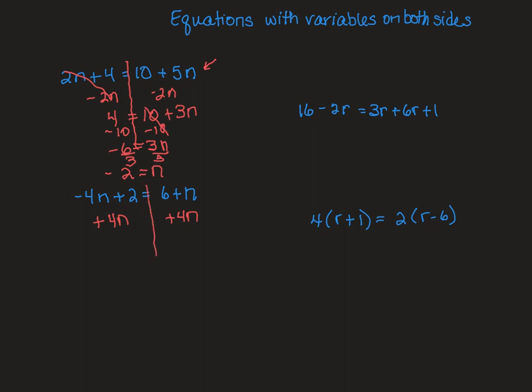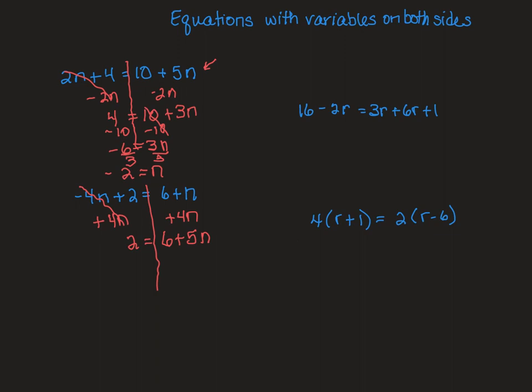And I'm putting my line down. So minus 4n plus 4n is 0. So I have 2 equals 6 plus 5n. Okay, because one n plus another group of 4n's is going to give me 5n.